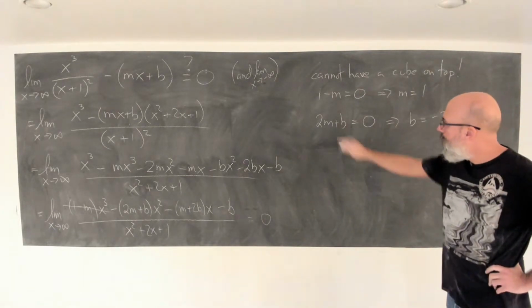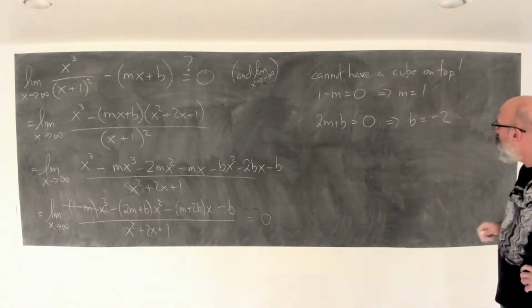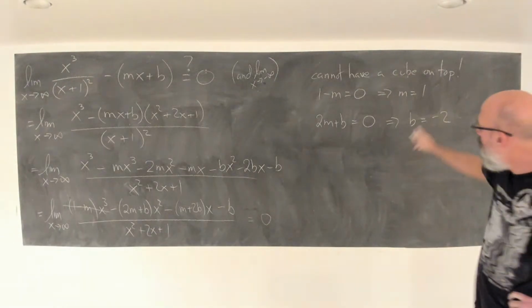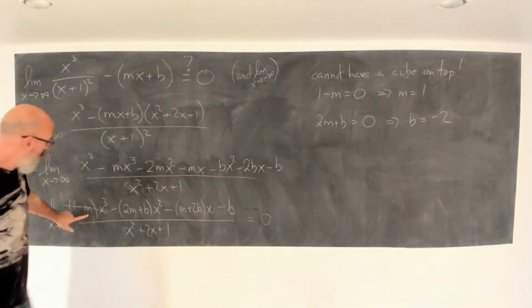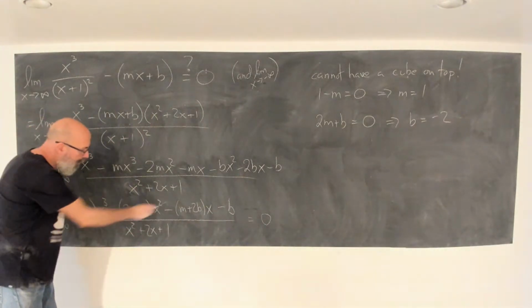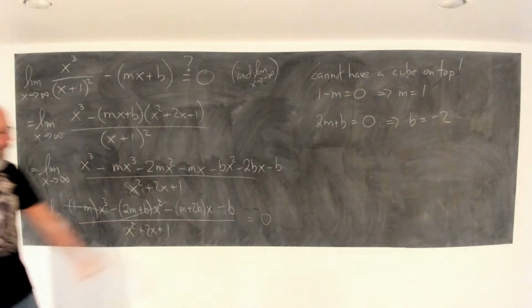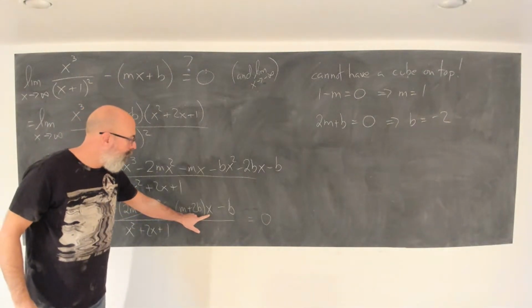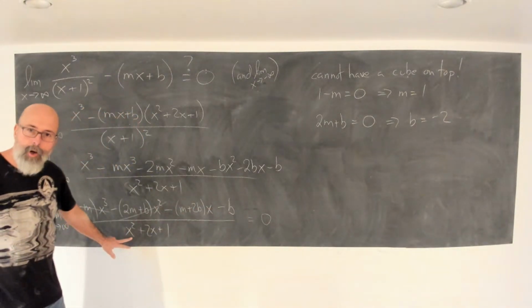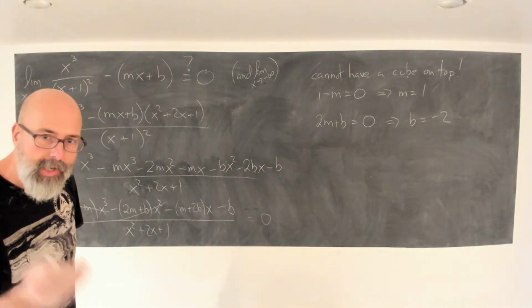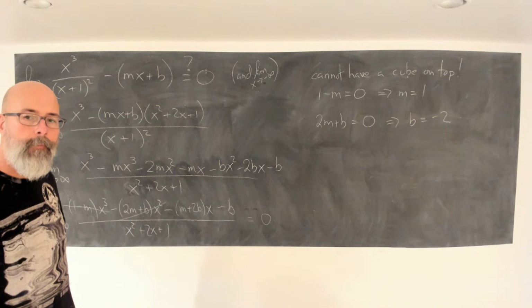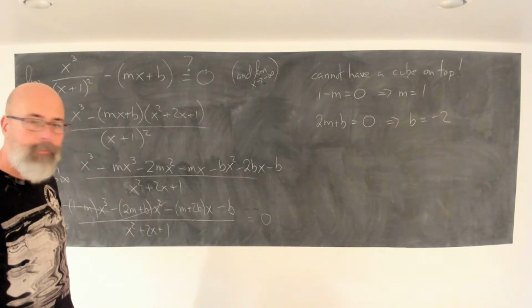So we need that to be 0 as well. In other words, b needs to be negative 2. And in both of these cases, the cube is gone and the square is gone. But now you have a polynomial of degree 1 divided by a polynomial of degree 2. If you do L'Hopital's rule once, the limit is 0. And there you have it.